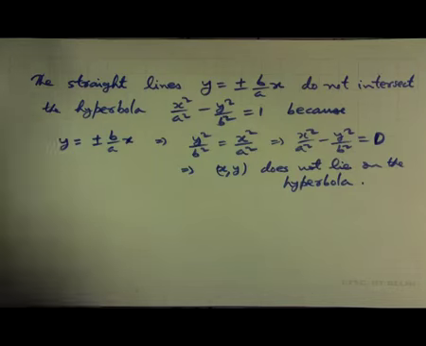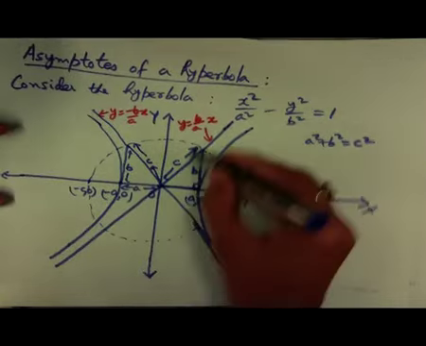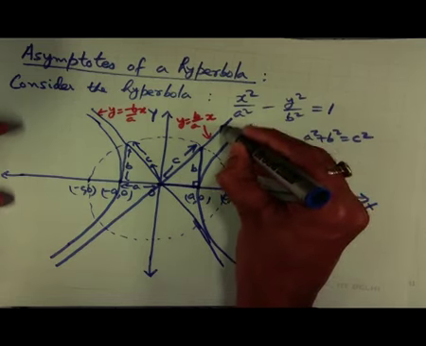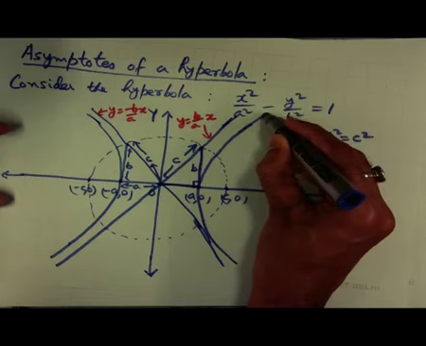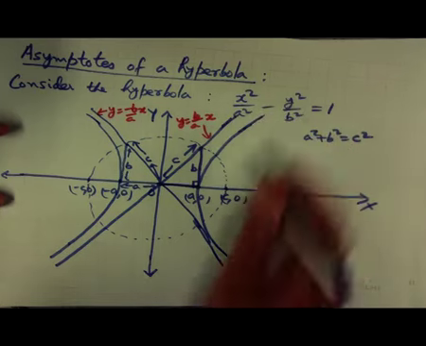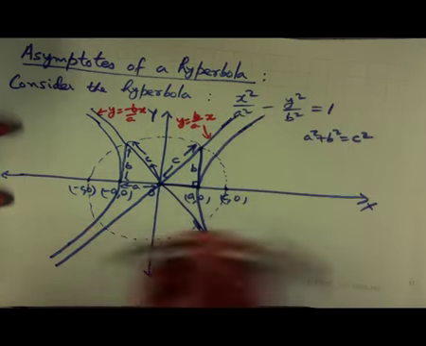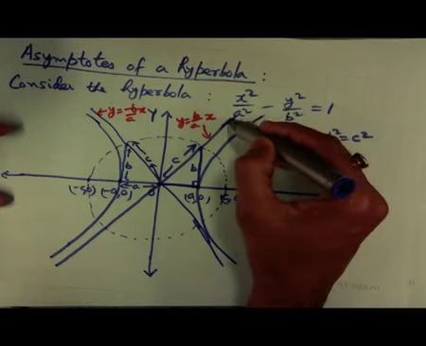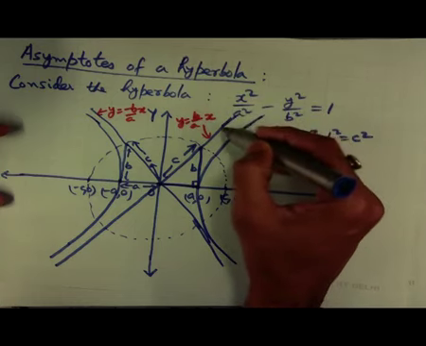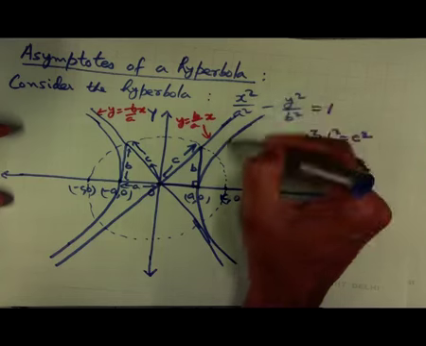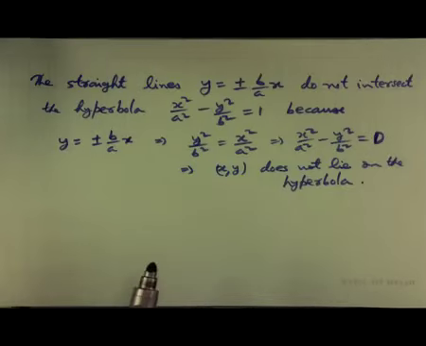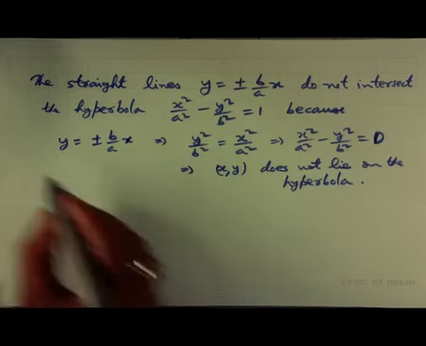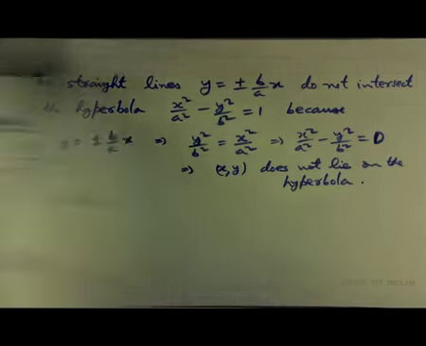However, if you look at the line y equal to b by a x and this hyperbola, as x tends to infinity, we can show that the line and this hyperbola both tend to the same.